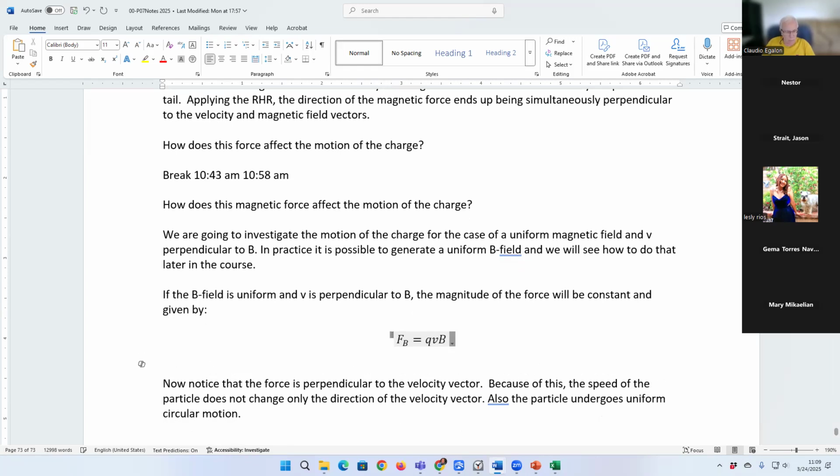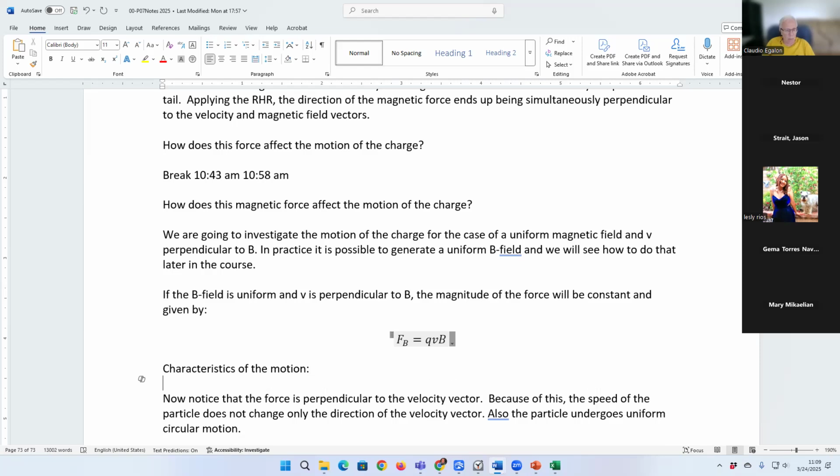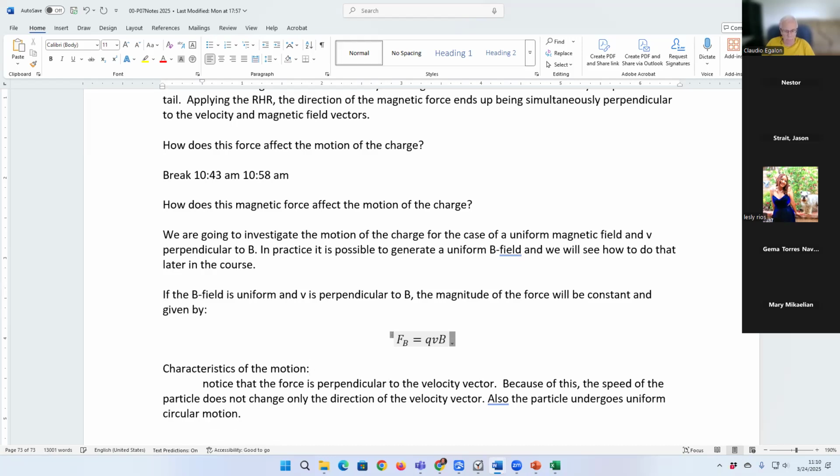Okay, so, characteristics of the motion. Not uniform force.